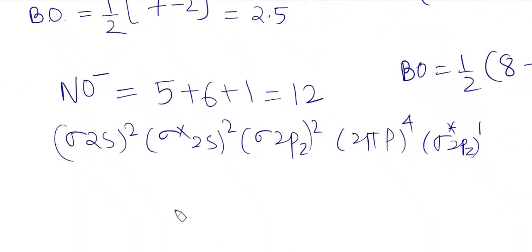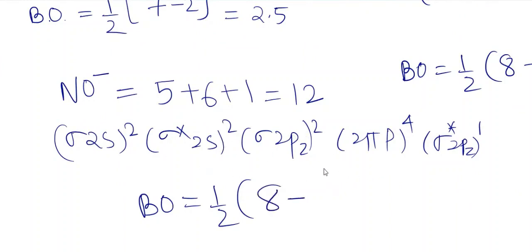Now calculate the bond order. Bond order is half of the number of bonding electrons minus antibonding. Bonding: 2 plus 2 is 4, plus 4 is 8.